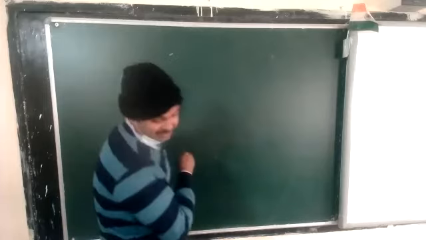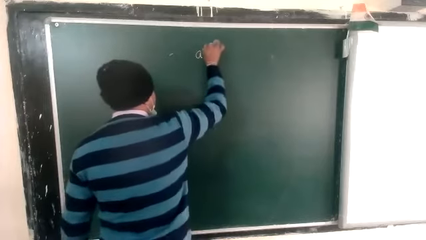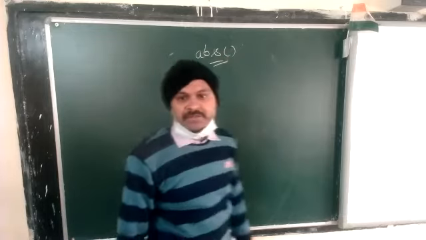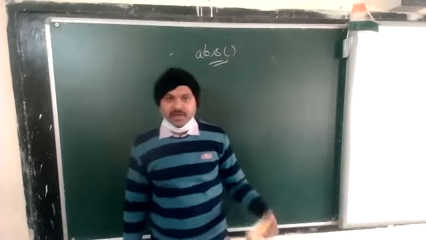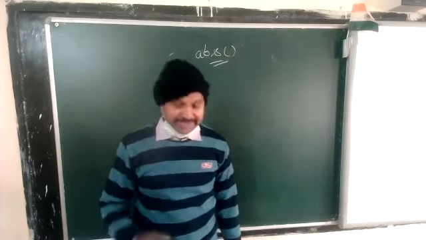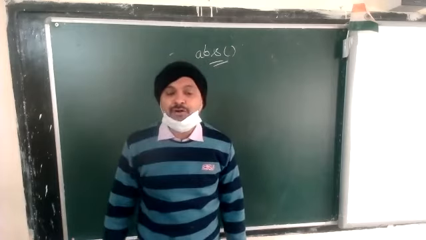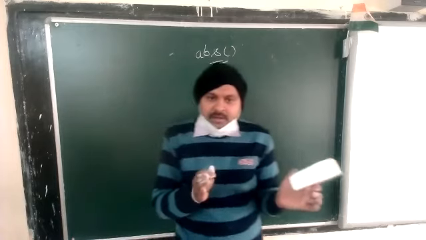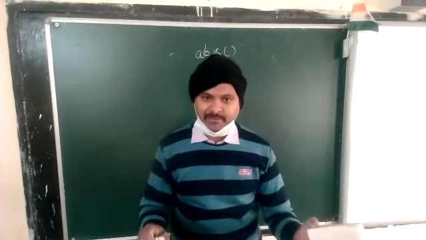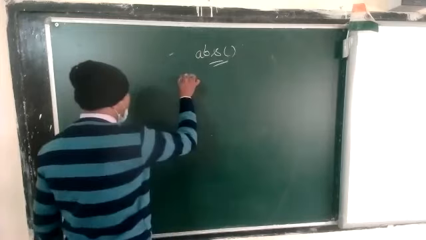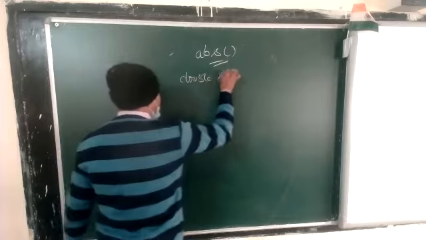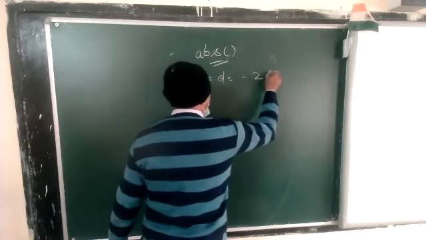Now the next one is abs, absolute value. The abs function of the Math class returns the absolute value of the entered data. Absolute value means it gives the exact value, but it removes the sign from the value. For example, double b equals minus 2.5.